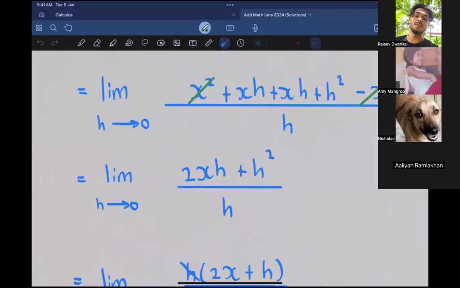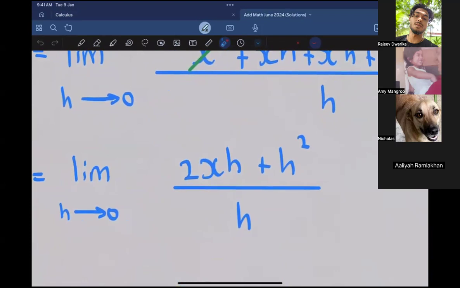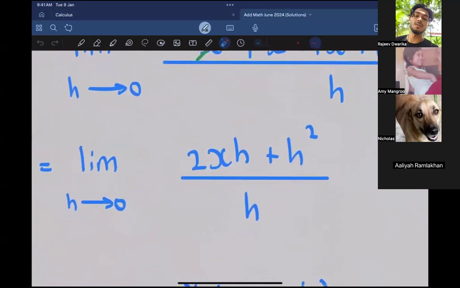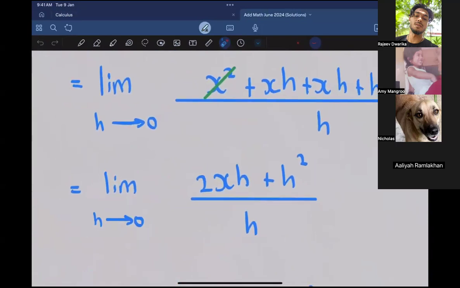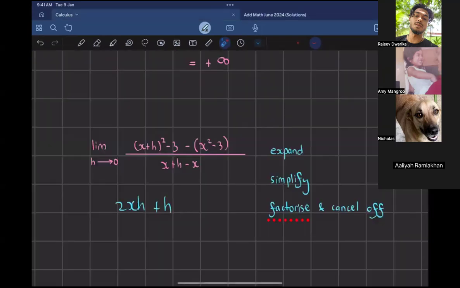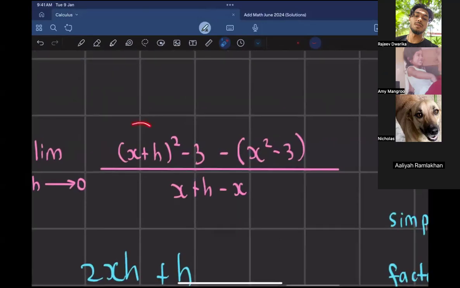Oh no, yeah, that's the correct thing, Nicholas. That's what you're supposed to have. Cancel the h in the denominator with the h squared. You're going real good. Amy, I think you made a mistake somewhere. When you're expanding, you're supposed to end up with x squared and h squared and 2hx.